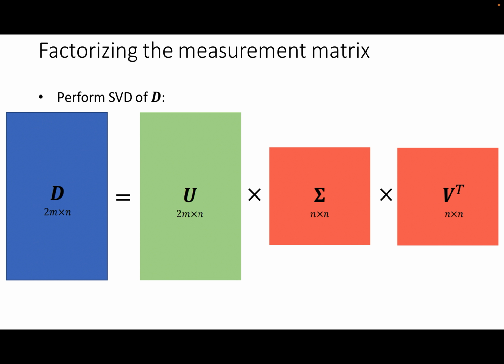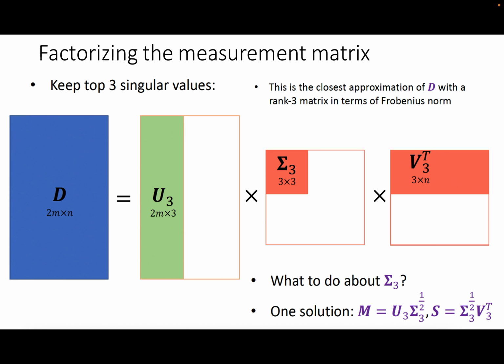We always use SVD, right? Now again, we use SVD. In classic computer vision, SVD was very popular. Although these days SVD is not very widely used, it is a very powerful tool to solve this linear system. This is just an example of SVD. We can perform SVD on D and decompose this matrix D into three things, and then we keep the top 3 singular values.